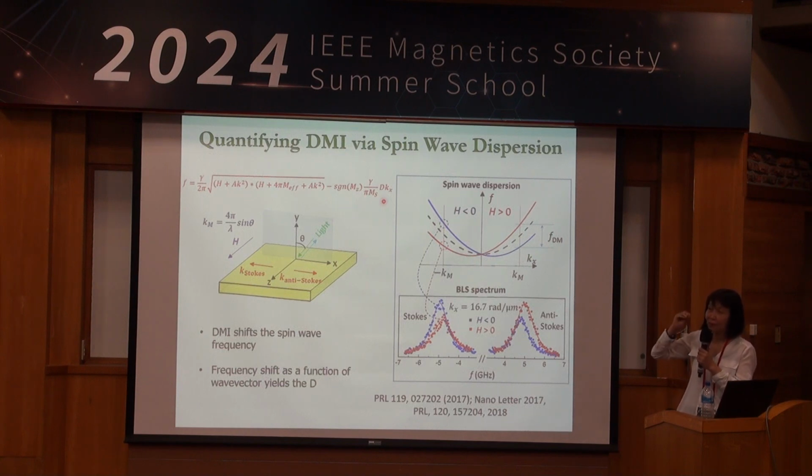Momentum conservation holds because of translational symmetry. In a lossy material, momentum conservation does not strictly hold. So this, in many ways, is an approximation that seems to work. Okay. And these spin waves, what is their wavelength?